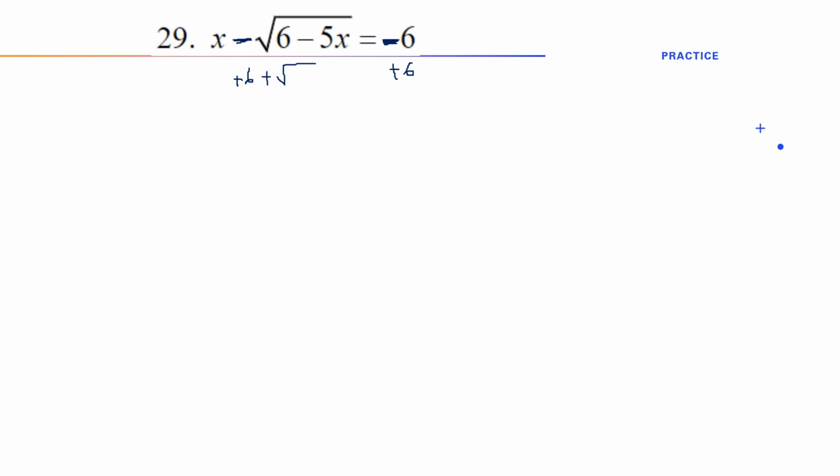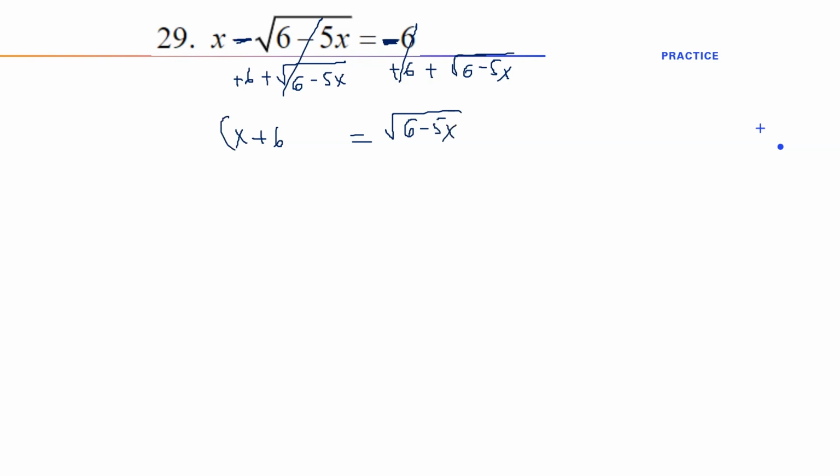And then add square root of 6 minus 5x on this side. So on this side, cancel that one. On that side, cancel that one. I have x plus 6 equals square root of 6 minus 5x.